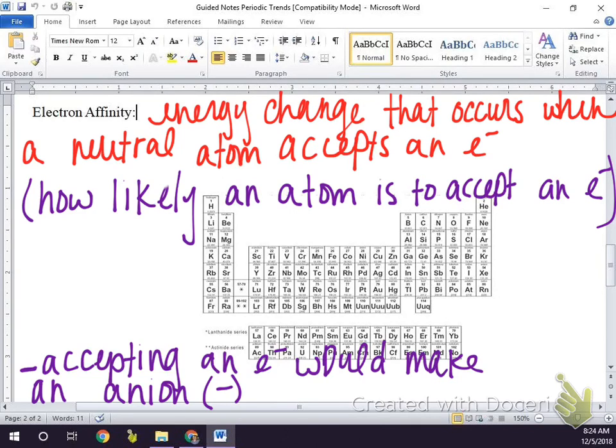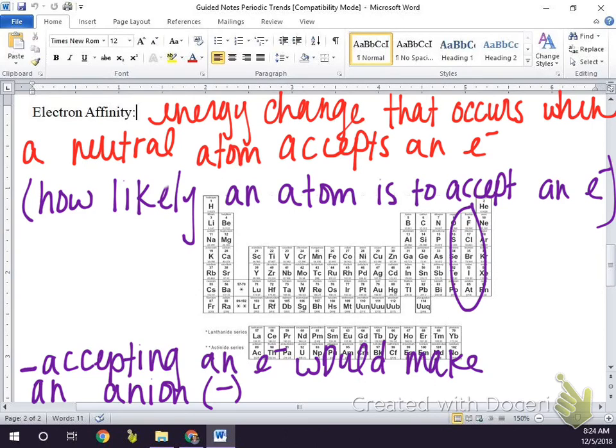There's a whole group on the periodic table that should be most likely to accept an electron. Any ideas? Knowing what we know about valence electrons and knowing what you know about completing a shell, which elements only need one more electron to be happy? Yeah, group 17. Right?